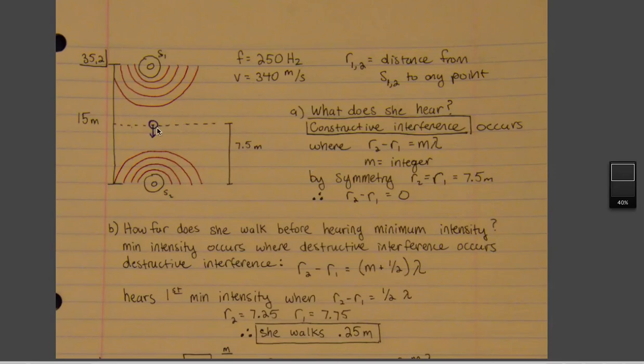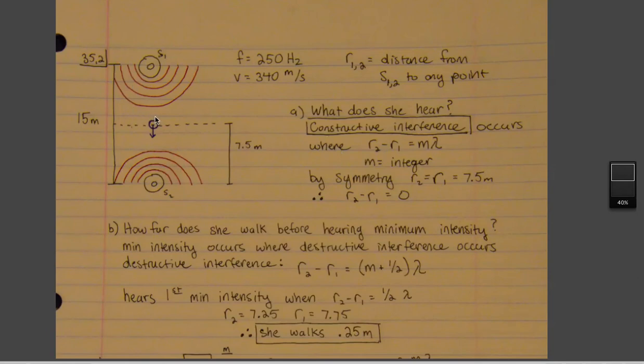We know that there's constructive interference because the distance between S2 and a point P, subtracted by the distance S1 to any point P, here P being this woman, when the difference between those two distances equals an integer value, meaning 0, 1, 2, 3, or the negative of any of those values, that's the point where constructive interference occurs.